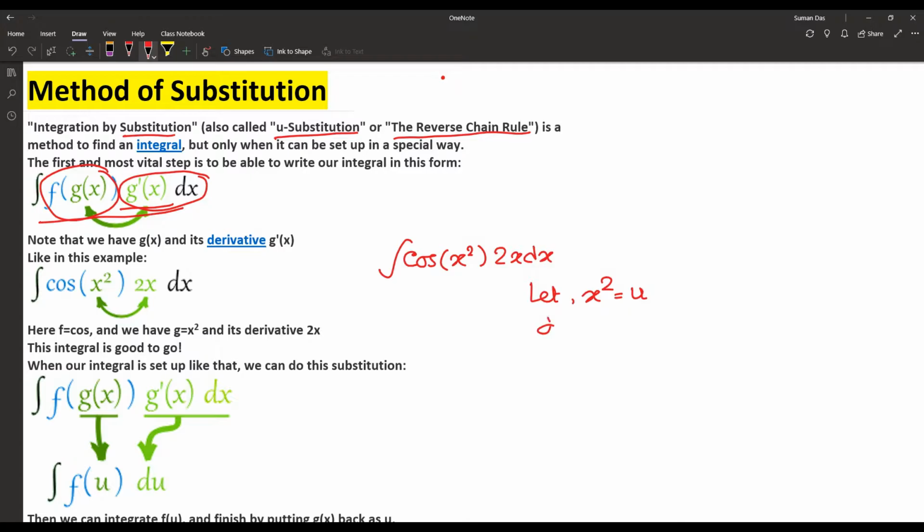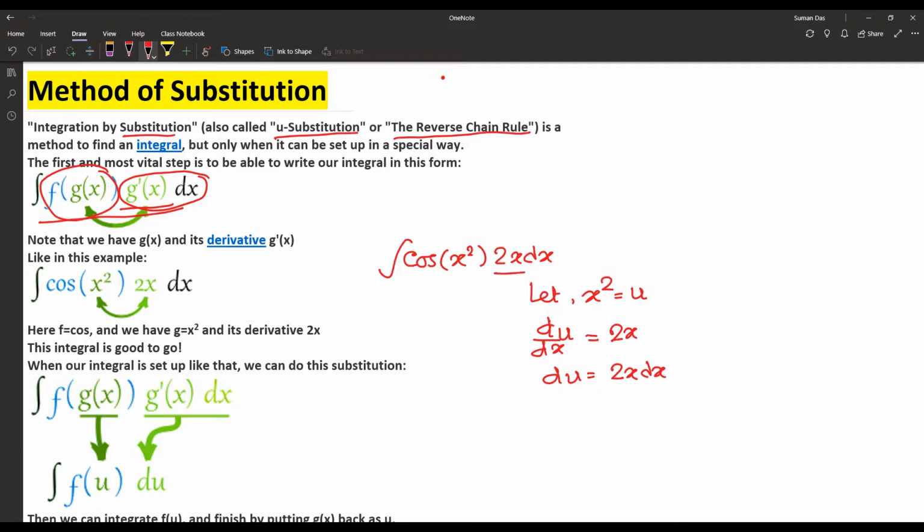Then if we differentiate u with respect to x, we get 2x, so we can say du is equal to 2x dx.